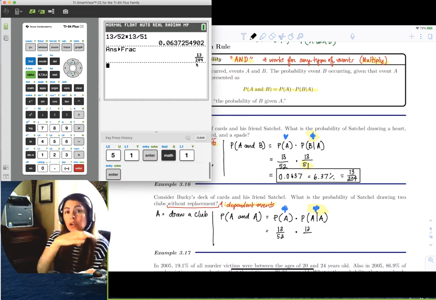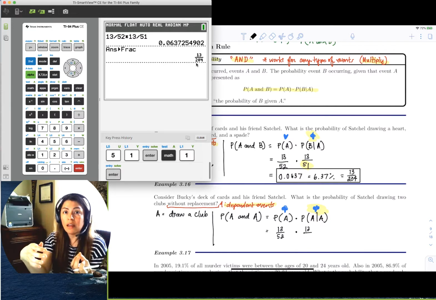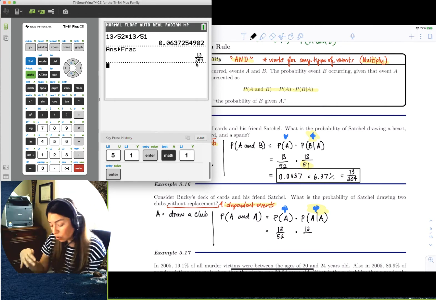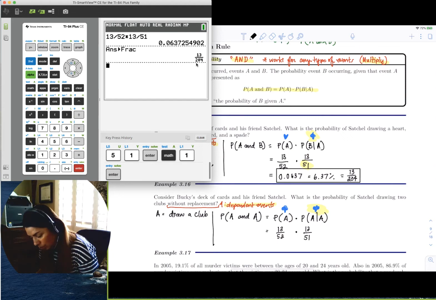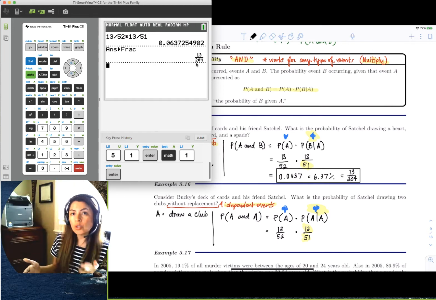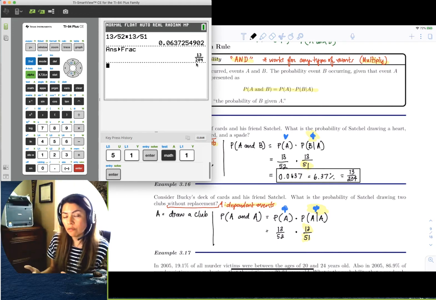And he's also already holding that club, which means on the second draw, not only are there 12 clubs left in the deck, but also only 51 cards left in the deck. So not only does that denominator change, but in this case, both numerator and denominator change. So it's not just one size fits all for this formula.